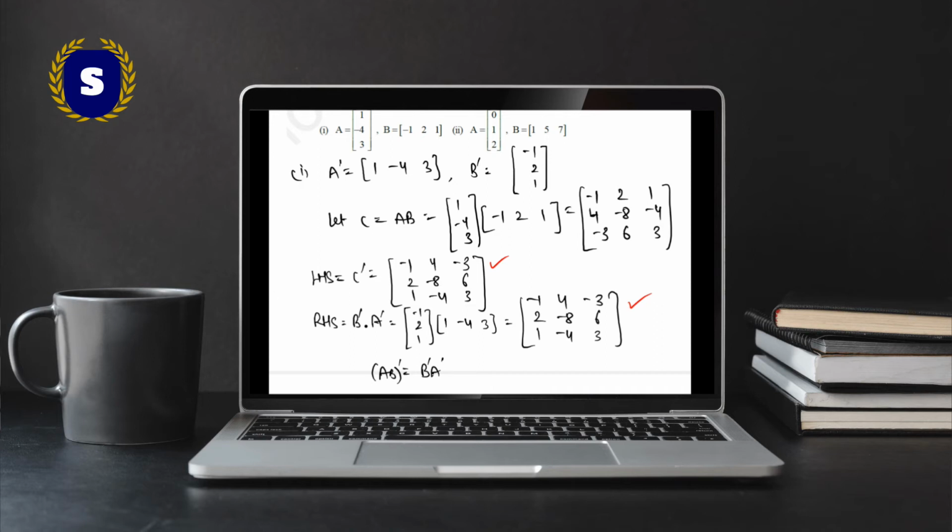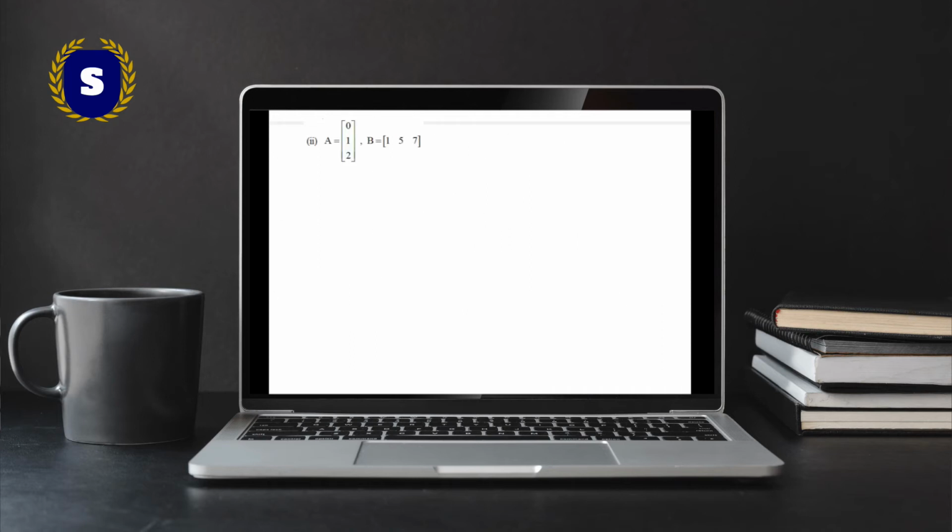Let us solve the next part. Again, before solving this, let us calculate their transposes. A transpose is 0, 1, 2, and B transpose is equal to 1, 5, 7.